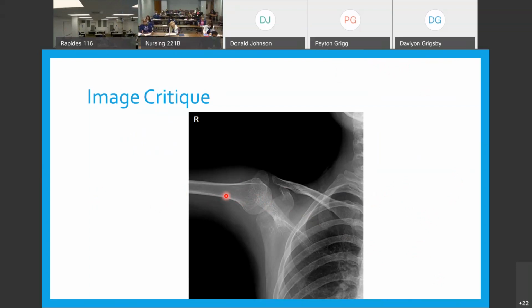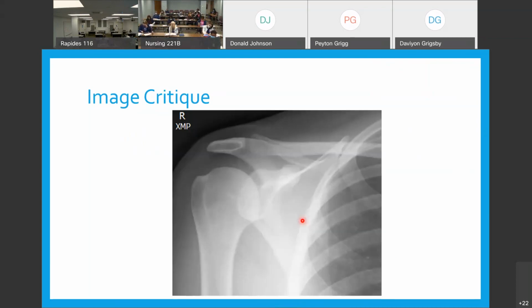We've only done one thing that had the arm out that way, remember? And it pulls the scapula laterally. So would this be an attempt at AP scapula? I would say yes. They should have centered a little bit lower because the very tip is cut off. But use the relationship of the arm on these images to help you remember. You can look and say, okay, which one has the arm going out like that? You've only been shown one.